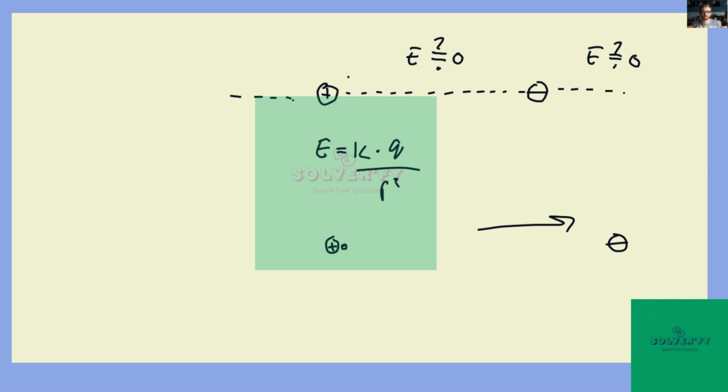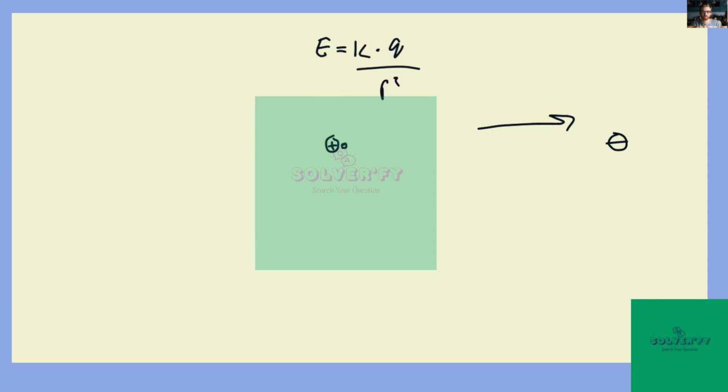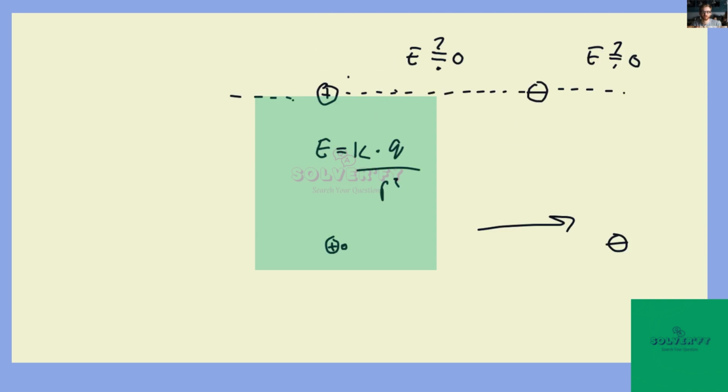Another way that you could put that mathematically is, let's call this Q1, and we'll say our distance to Q1 is called R1. The electric field we experience due to 1 is K times Q1 over R1 squared. Let's say we call this charge 2. And so the electric field we experience due to charge 2 is K times Q2 over R2 squared.